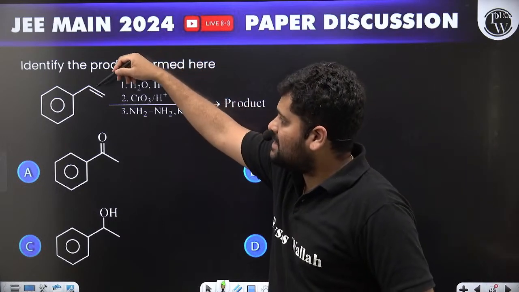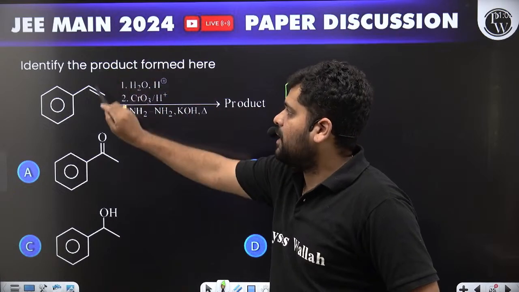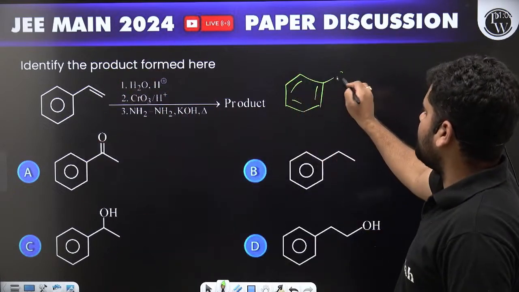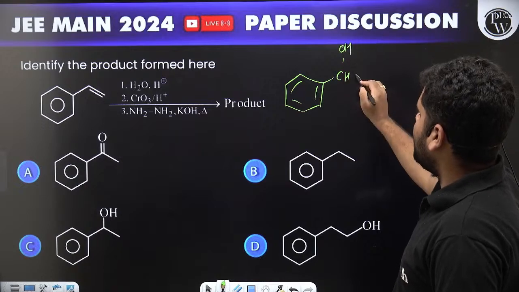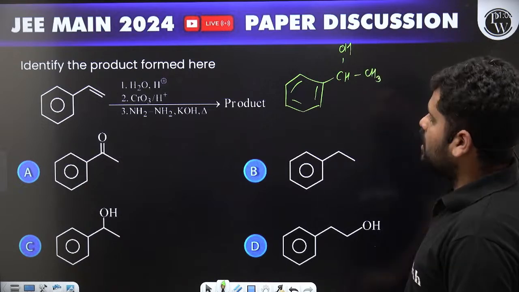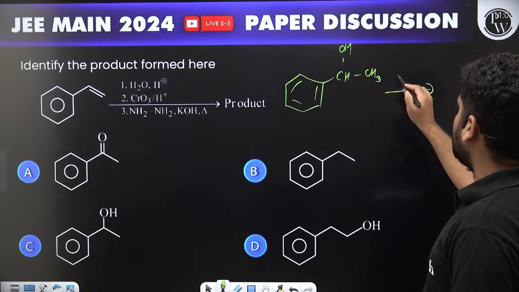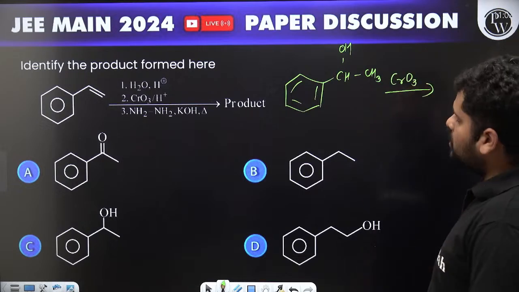The carbon which has less number of hydrogens, to that we are going to attach our OH group. So we have CH(OH) over here, and then CH3. Okay. To this we have added CrO3.